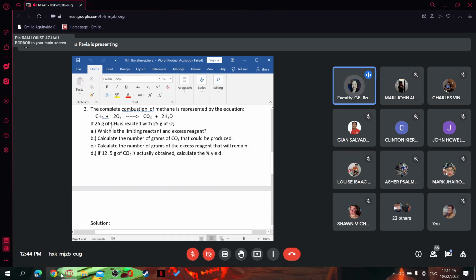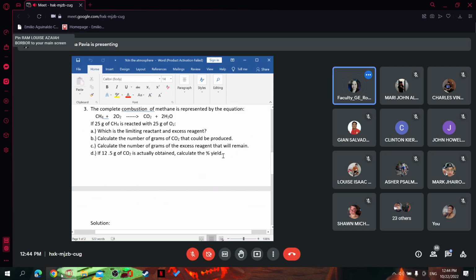If 25 grams of CH4 is reacted with 25 grams of oxygen, which is the limiting reactant and excess reagent, calculate the number of grams of CO2 that could be produced and calculate the number of grams of the excess reagent that will remain. If 12.5 grams of CO2 is actually obtained, calculate the percentage yield.